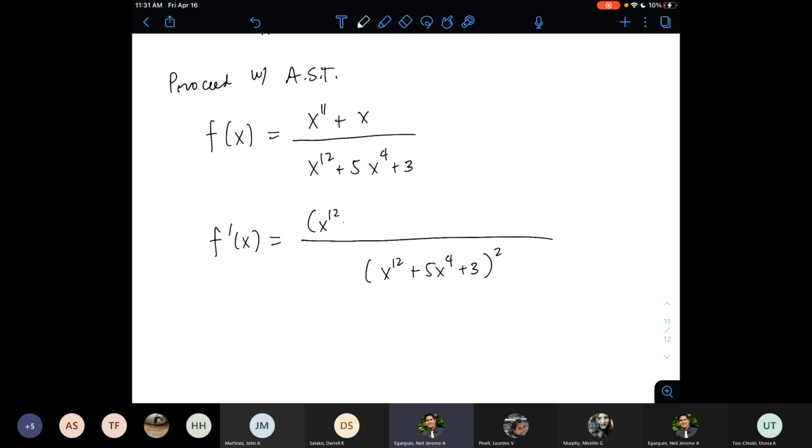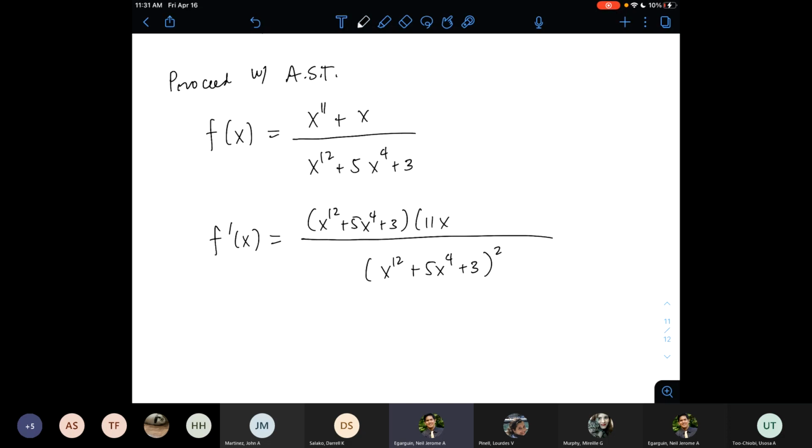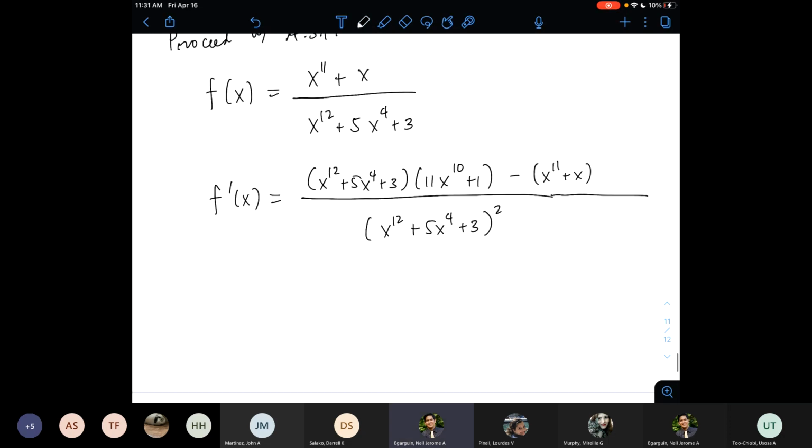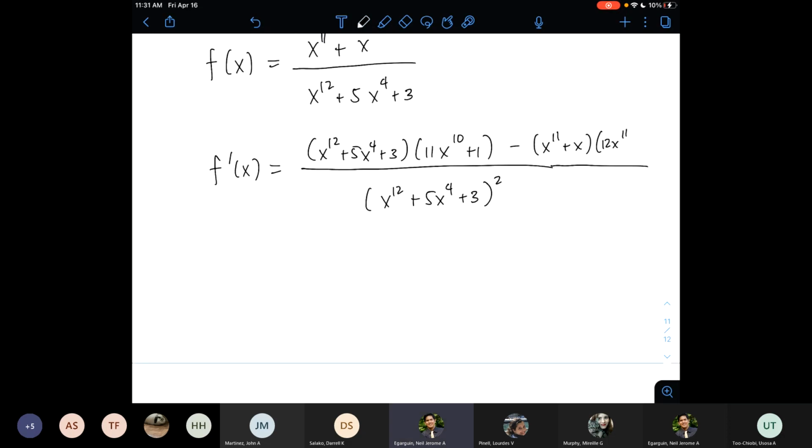So it's low times derivative of the high, which is 11x to the 10th plus 1, minus high times derivative of the low, x cubed, right? And let's see what happens here in the long run.